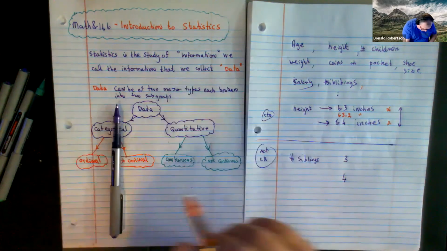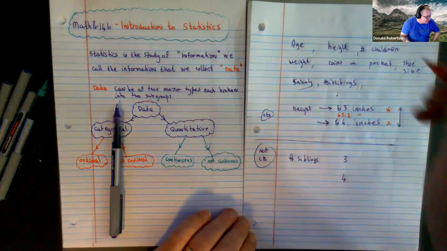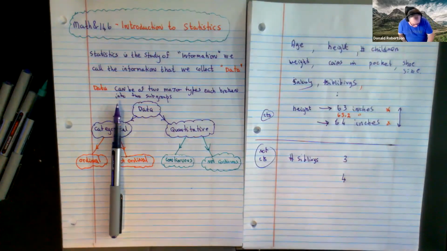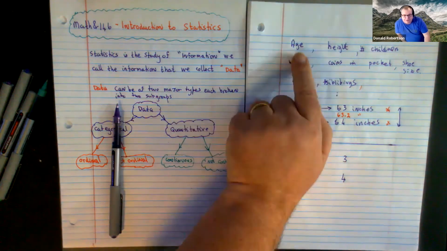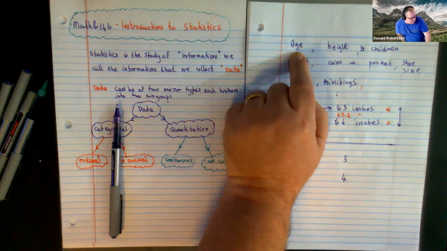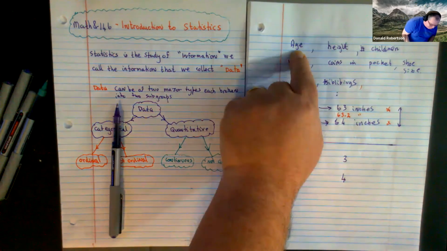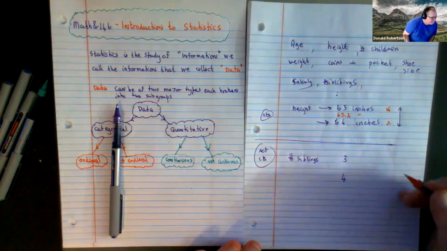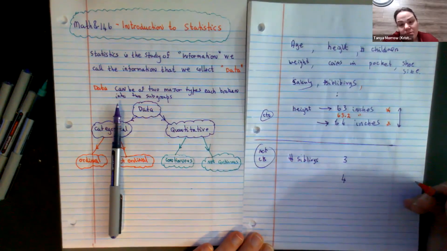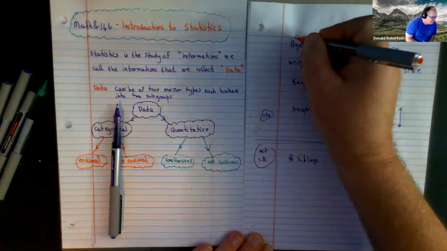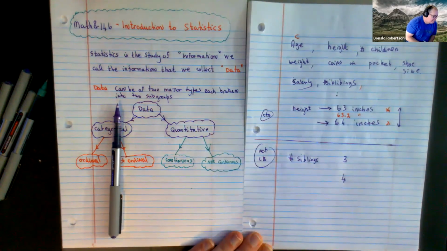I'm going to put a C if it's continuous and an NC if it's not continuous. So you volunteer, shout it out, whatever you want. What would you consider age to be? Continuous. Correct. You're not just 12, you're not just 13. Couldn't you be 12, 4 months, 3 days, 2 hours, 1.177, and so on?